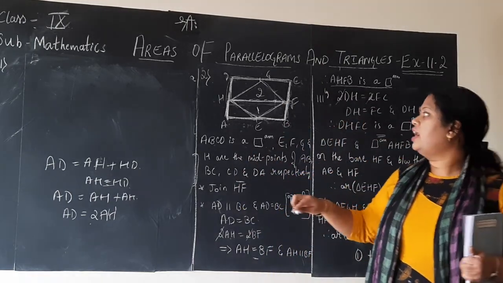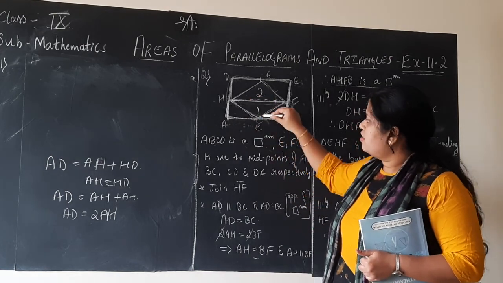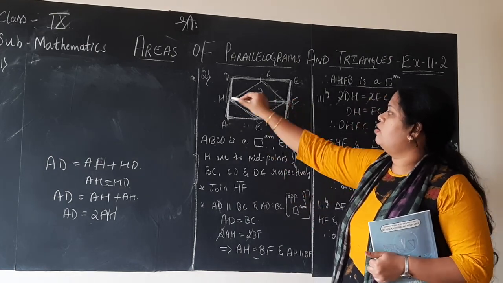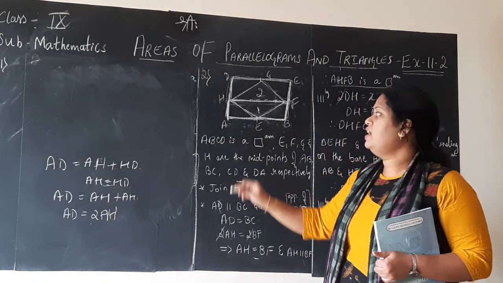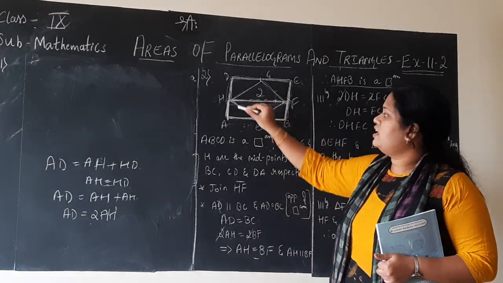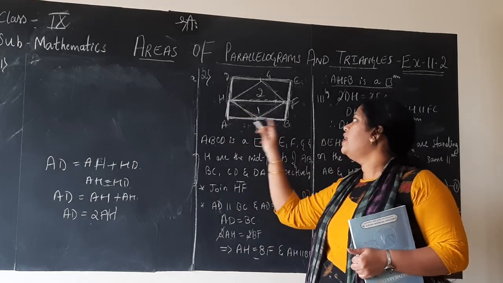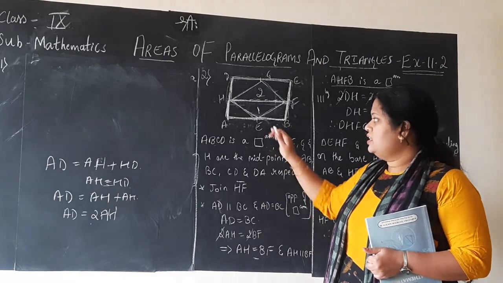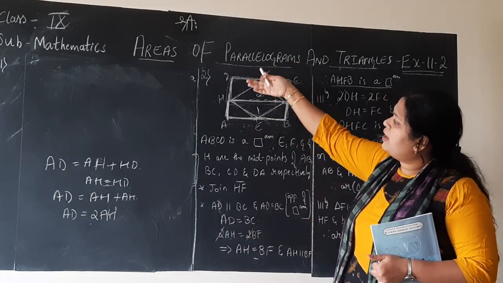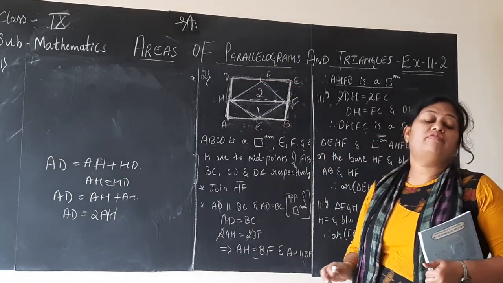So according to that, here this triangle as well as this parallelogram are standing on the same base and between the same parallels. So the area of this triangle EFH is half of the area of ABFH. So very simple. That is our one point, and we will apply the same thing to the upper part of the figure as well.